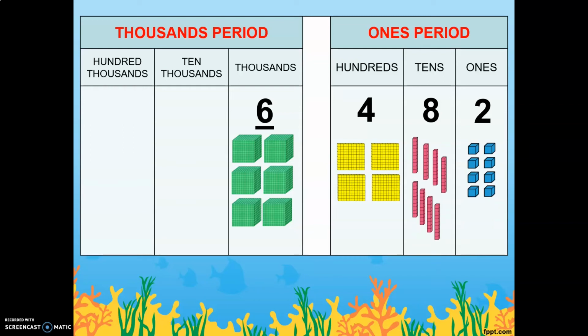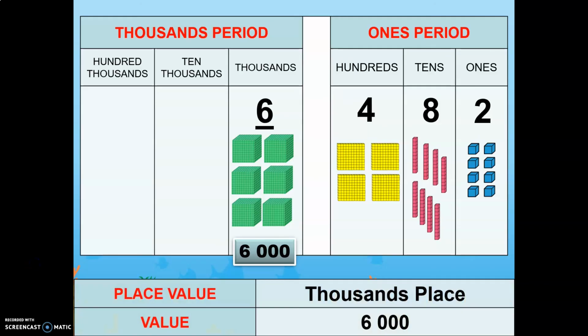Now, let's focus on the digit 6. Remember, each cube is counted as 1,000. Since we use 6 cubes, it means that the value of digit 6 is 6,000. So the place value is thousands place and the value is 6,000.